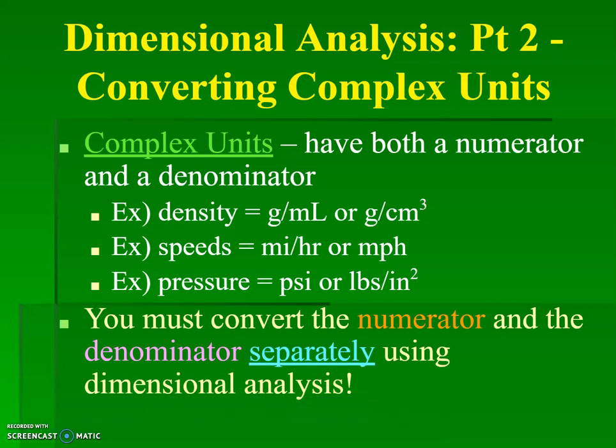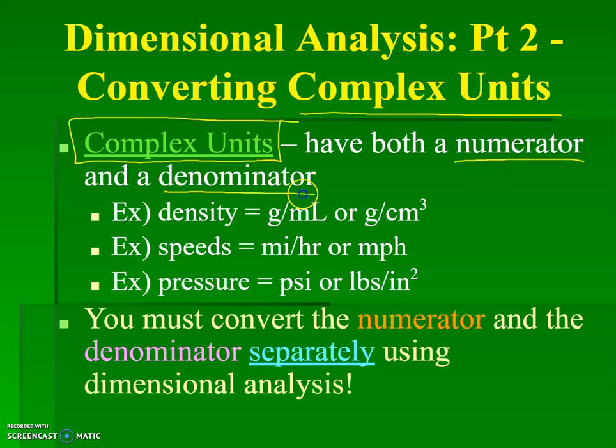Okay, the second dimensional analysis video in this playlist is all about converting complex units. Complex units means that the units are like the derived units that we talked about, and those contain a numerator and a denominator. Density has a complex unit, gram per milliliter, or gram per centimeter cubed.